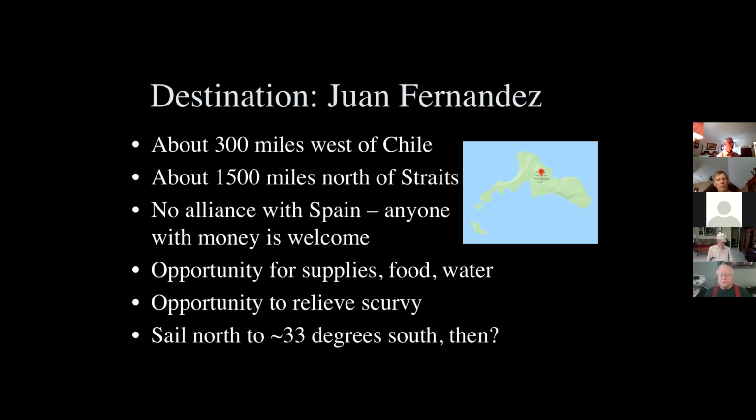So they sail north. Their idea is to sail north to 33 degrees south latitude, which they can do, as I said, because they can sight the pole star at night, and it's very easy to do. So the idea is get up to 33 degrees south latitude, and then what?